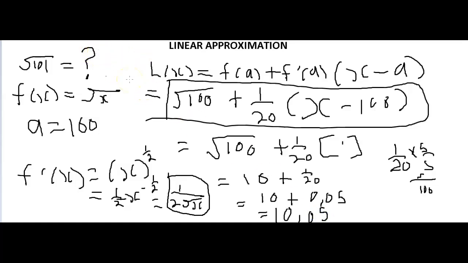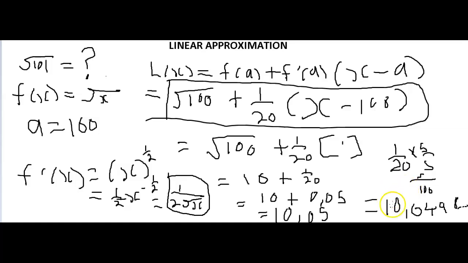Now the final question is, will I be dead? So let me go to my calculator and put in the square root of 101. I get 10.0498 and so on. Now, is my answer approximately right?